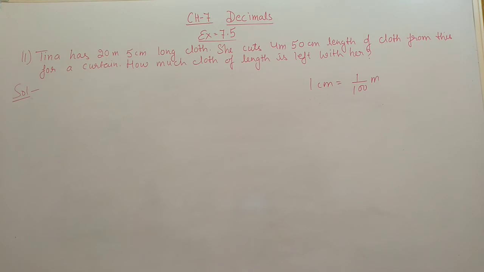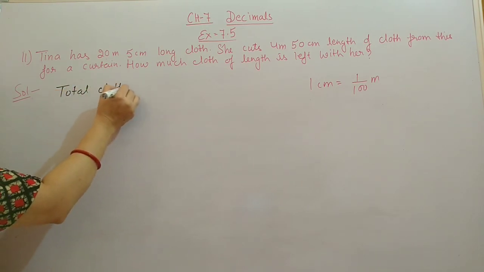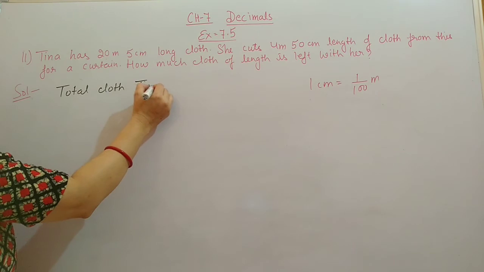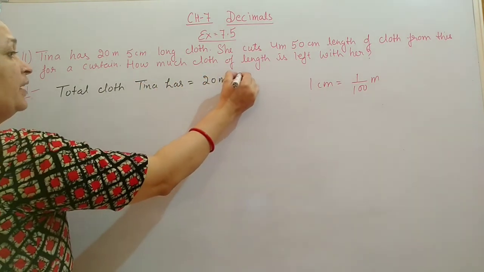Next, question number 11. Tina has 20 meter 5 centimeter long cloth. She cuts 4 meter 50 centimeter length of cloth from this for making a curtain. How much cloth of length is left with her? So total cloth she has is 20 meter 5 centimeter.